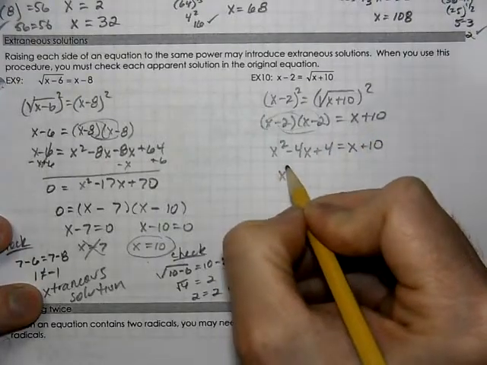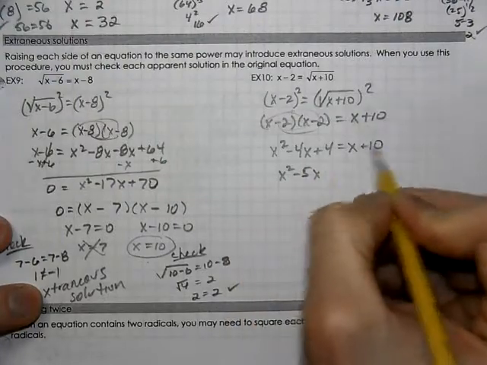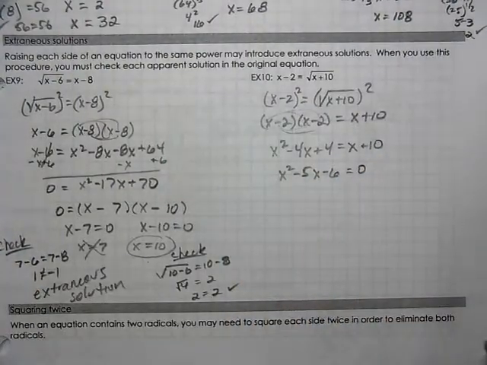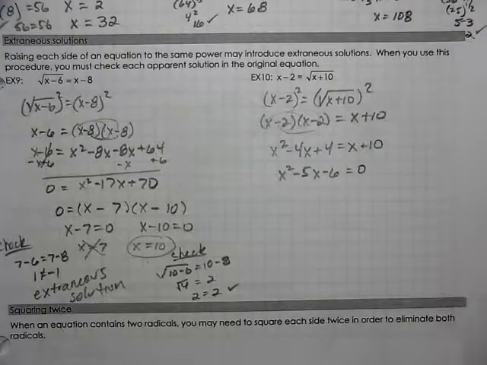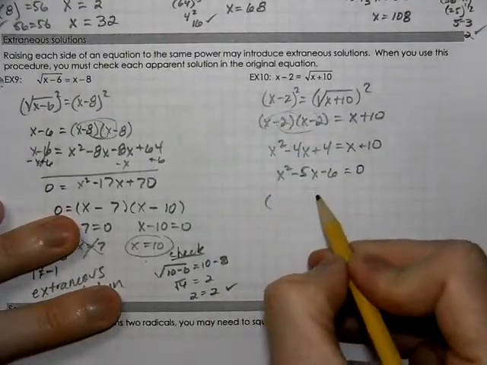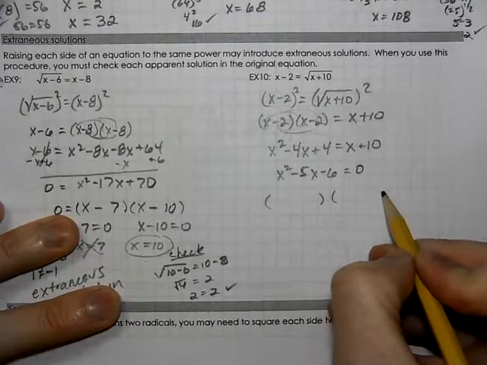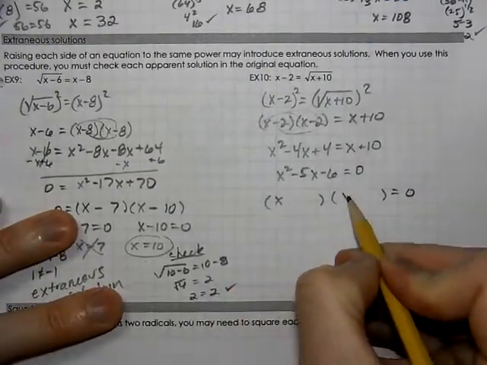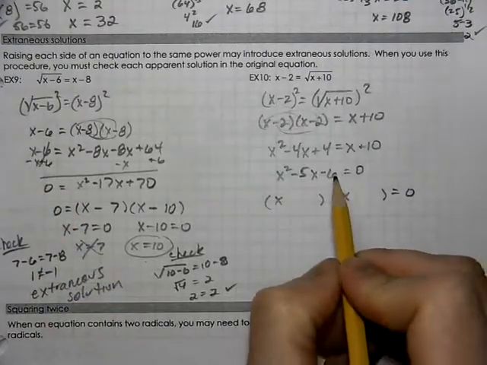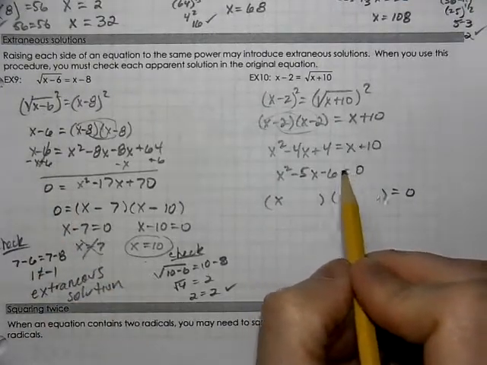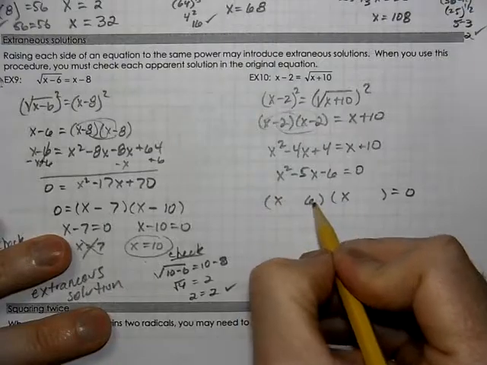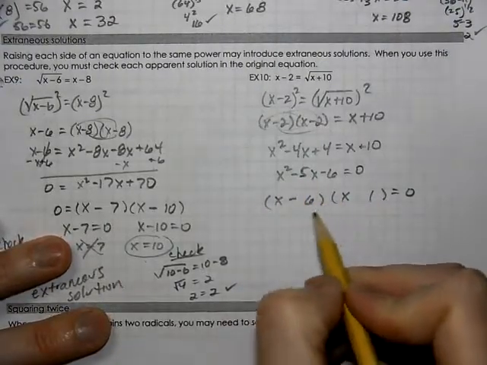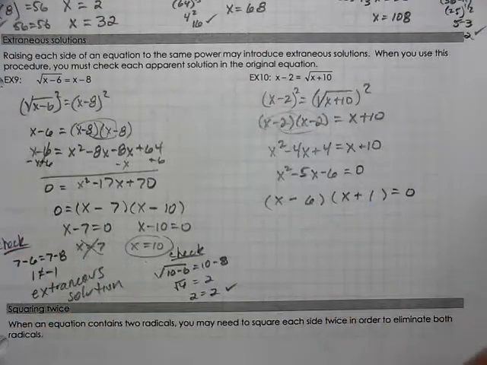Subtract the x. Subtract the 10. So we're left with x squared minus 5x minus 6. So how can you multiply to be a negative? The signs have to be different. And add to be a negative. The larger number has to be negative.